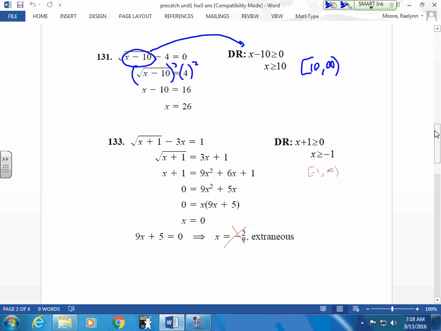The same thing here. Isolate your radical. Move this over. Be careful when you square this. This is a binomial. Multiply it out. They're descending variables. Get everything to one side. Factor. And make sure you check.